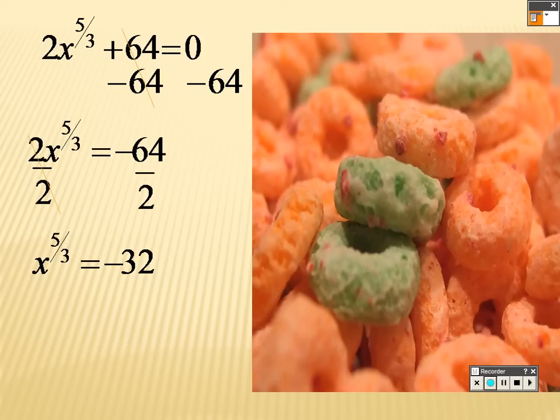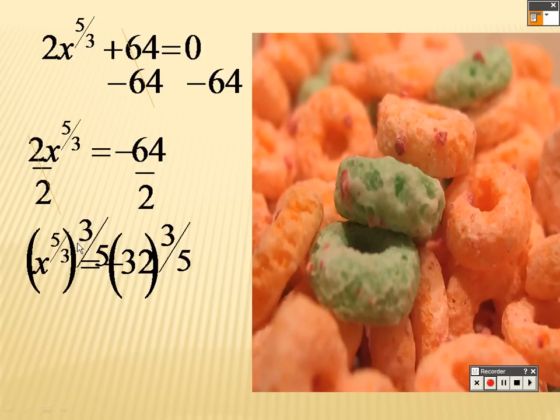And keep in mind, remember, whenever you have these crazy fractional exponents, it's all about finding out what the reciprocal is. So 5/3, right? So the reciprocal is to the 3/5 power. So I have to take that negative 32 to the 3/5 power on both sides. And that gives you negative 8. And you can just type that in your calculator.